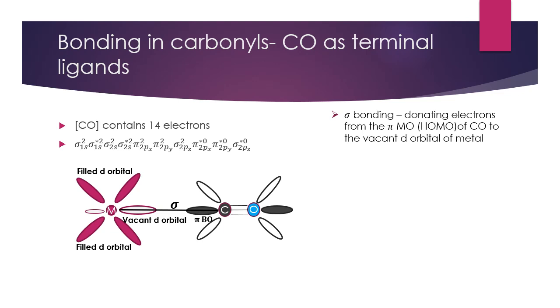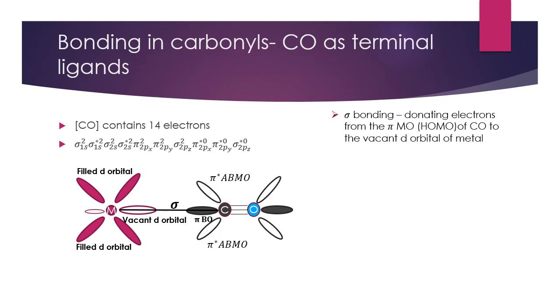Now there is another type of bonding observed in these metal carbonyls. The second type of bond is formed because of the overlap between the filled metal d orbitals and the empty anti-bonding pi 2p molecular orbitals of carbon monoxide, resulting in an additional pi bond between the metal and the carbon monoxide.